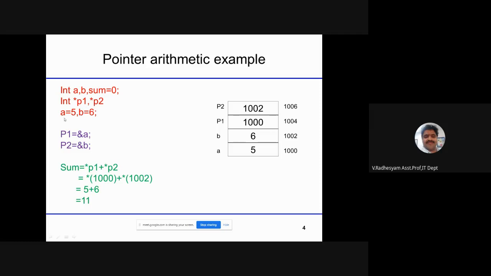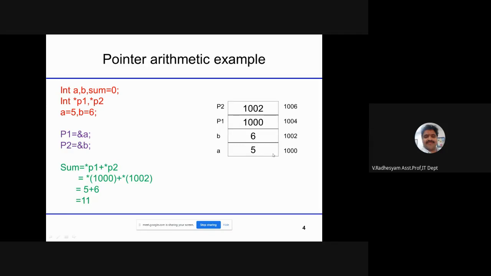And I am initializing A equal to 5 and B equal to 6. A and B both are integer variables. A value is 5, B value is 6.